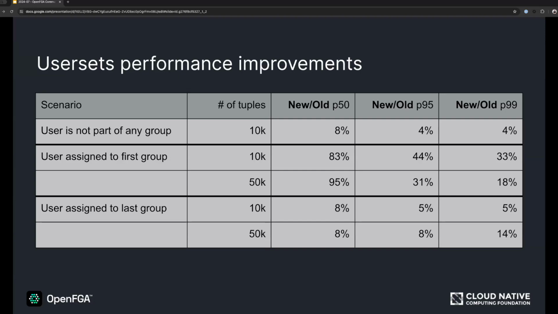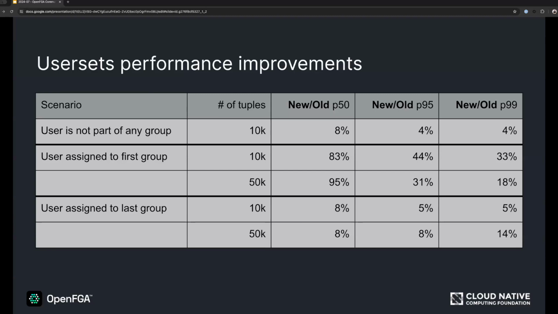And this number is even more dramatic when we look into the improvement when the user is assigned to the last group. For the 10,000 group case, we see about 20 times improvement in P99 and about 7 times improvement when we look at 50,000 groups assigned to it.